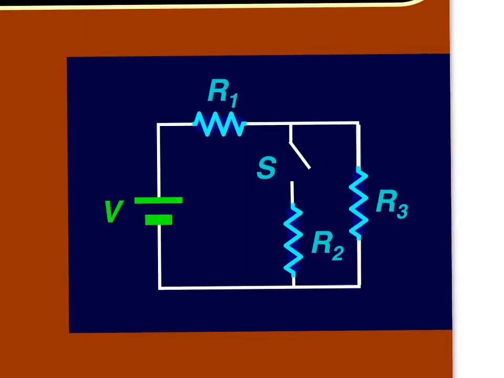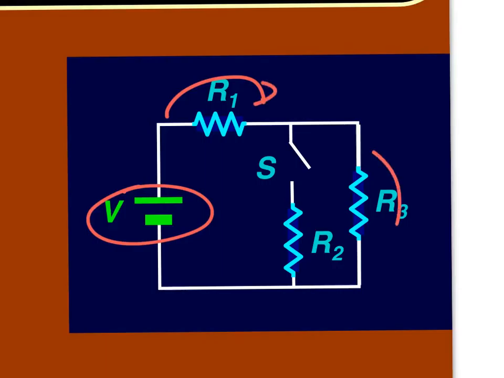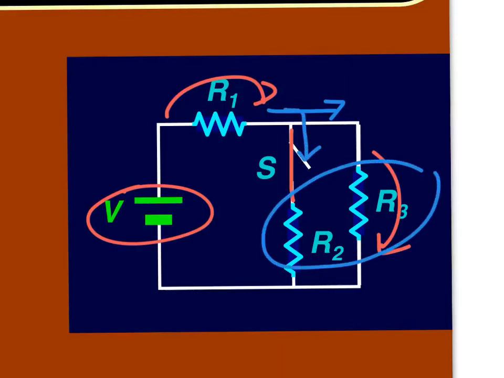So voltage across, the battery supplies some voltage. Some of it is used up here, and then some of it is used up here. So if all of a sudden the switch is closed, we now have this parallel path. Some of the current goes that way, some of the current goes that way, and this resistance is now something less than R3.